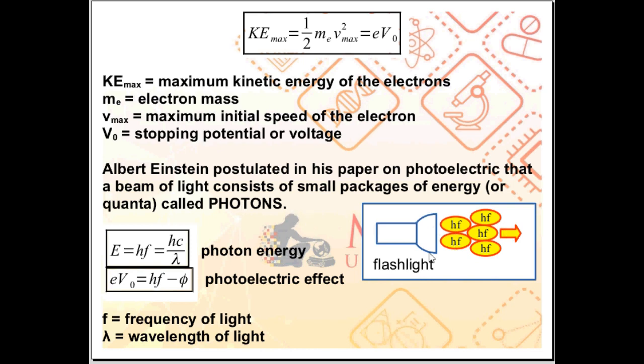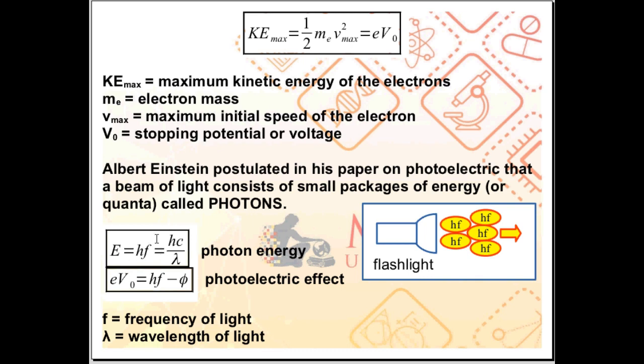The total energy of the beam of light is the summation of the energy of each photon. The energy of each photon is E equals hf equals hc over lambda. f is the frequency of light, lambda is the wavelength of light.